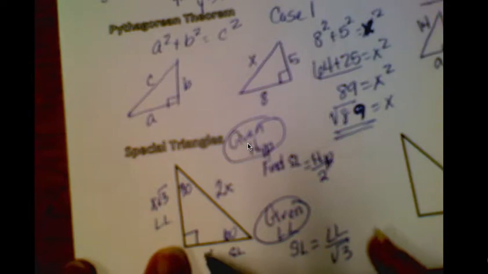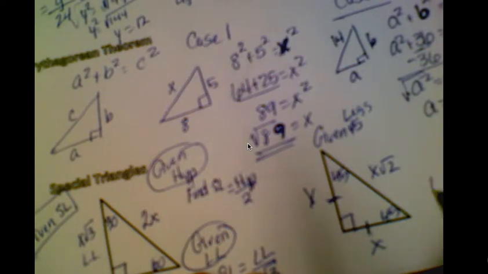So this is if I'm given the short leg. Given the short leg, then I can use all of those relationships. Now over here, if I'm given 45, and this is if I'm given the legs, because in a 45, 45, 90 triangle, we know these two sides are the same, and it's x, x, and x square roots of 2.